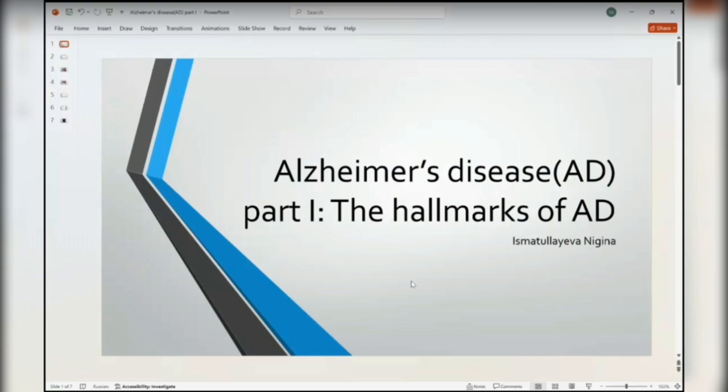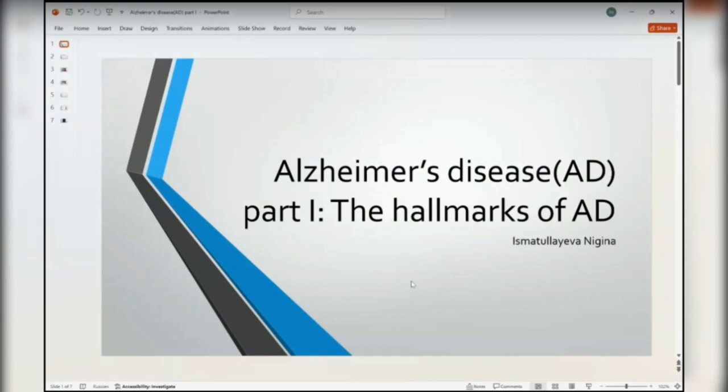The brains of people with AD have an abundance of two abnormal structures. The first is amyloid plaques, and the second is neurofibrillary tangles. They're made of misfolded proteins.